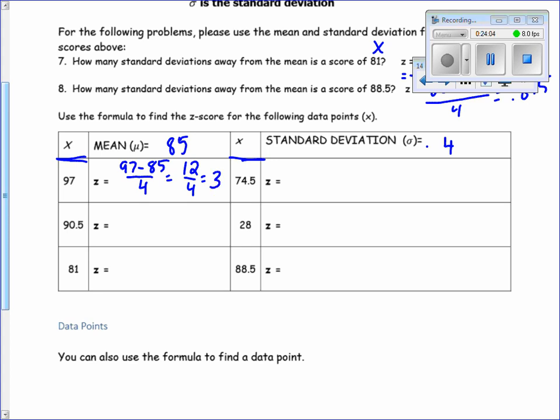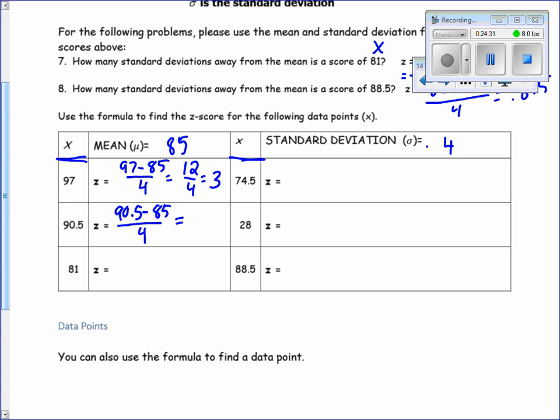Well, 90.5 minus 85 divided by 4. All I'm doing is using the formula z equals x minus the mean divided by the standard deviation. So I go to 90.5 minus 85 divided by 4.